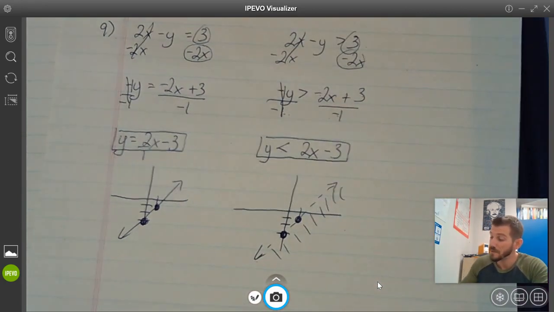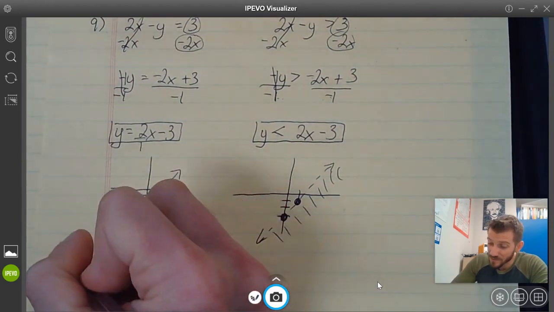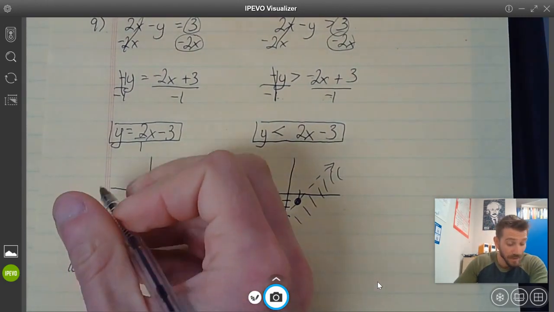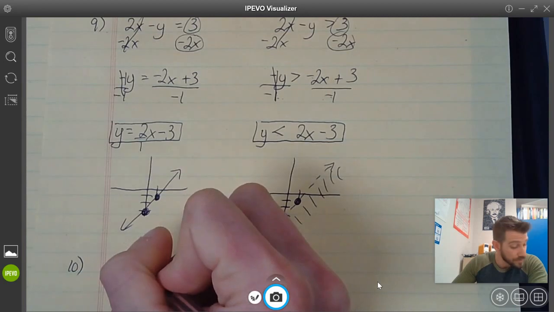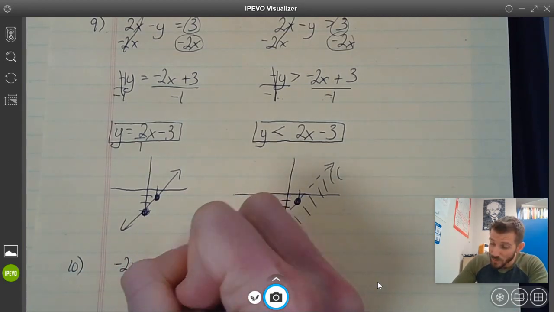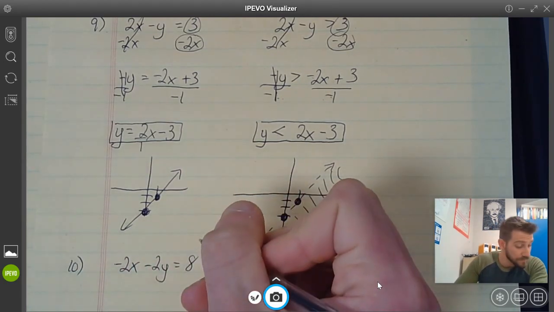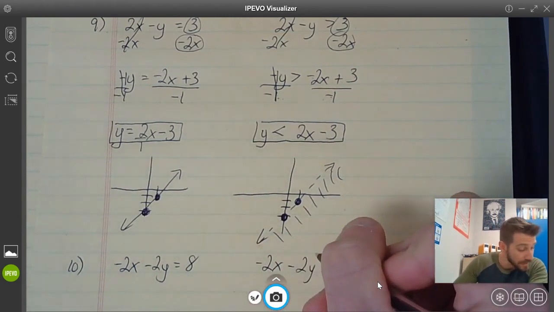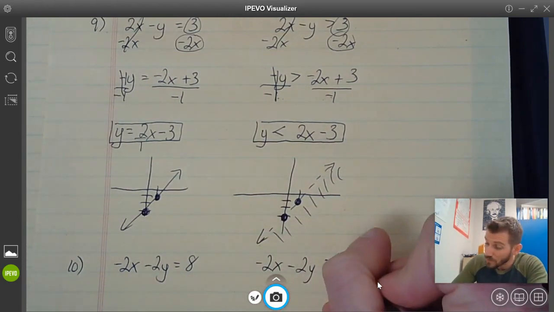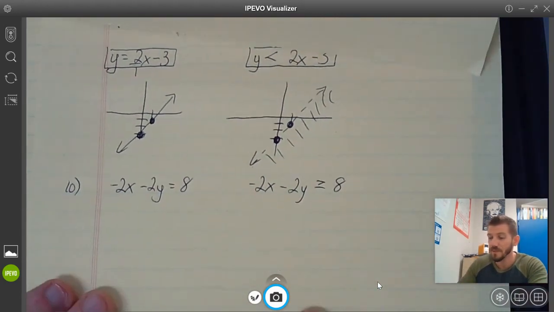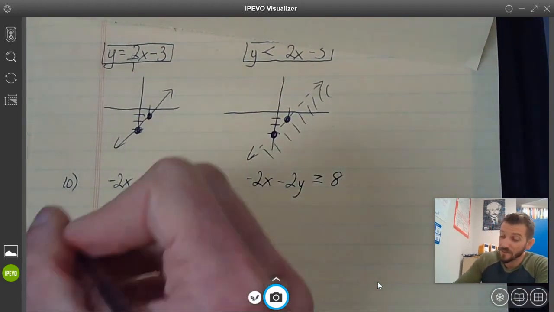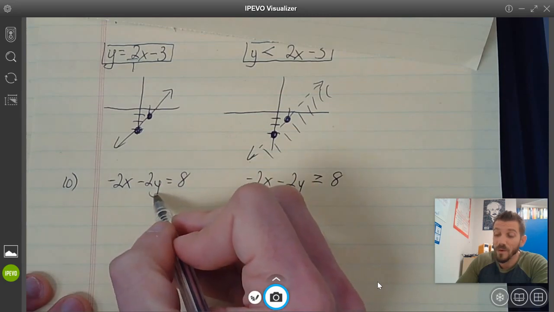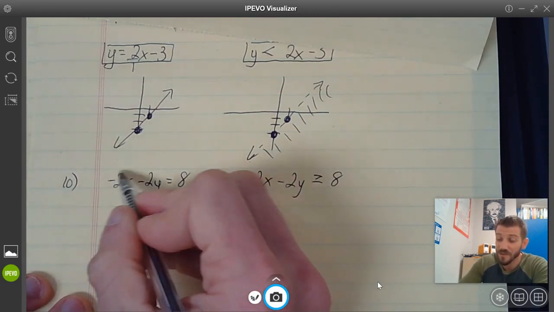Okay. The last one, save the best for last, so we can call it quits for the day. I have a negative 2x minus 2y equals 8. And a negative 2x minus 2y is greater than or equal to 8. So next step, we won't get y by itself, so let's get rid of the other stuff.